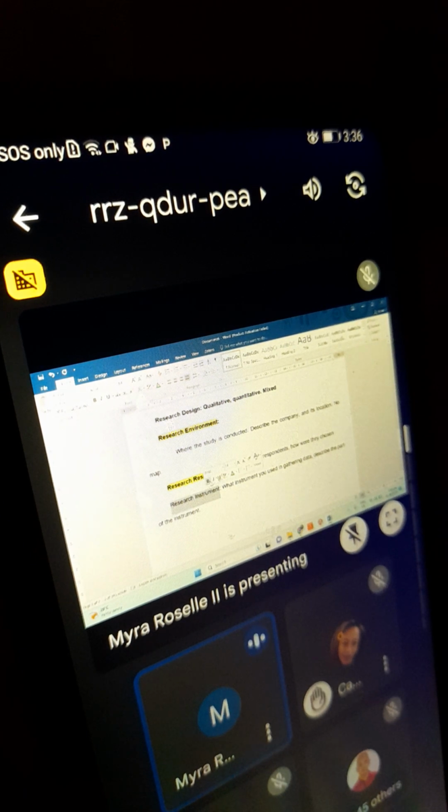Information overload. Next, gathering and treatment of data. What statistical method did you use in gathering and treatment of data? The usual thing here would be ANOVA.